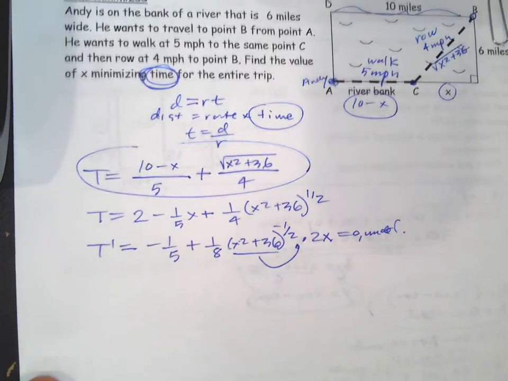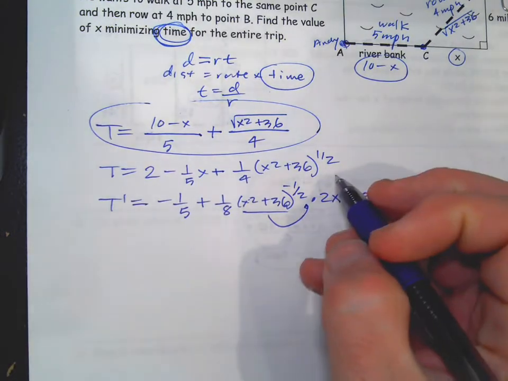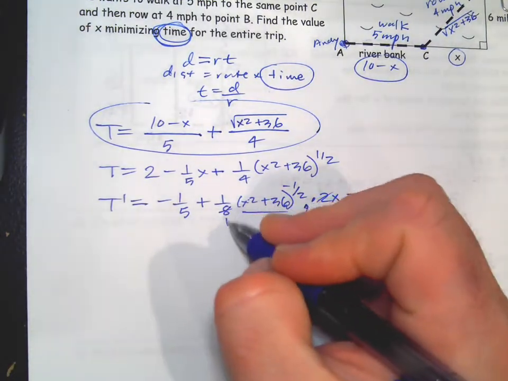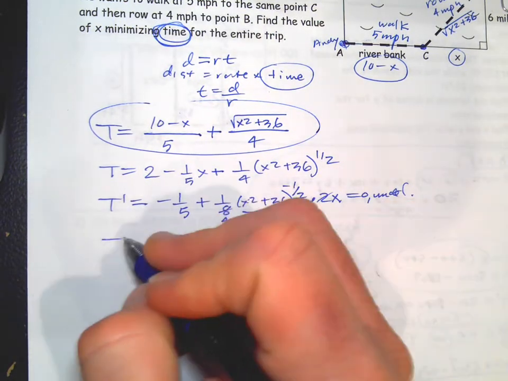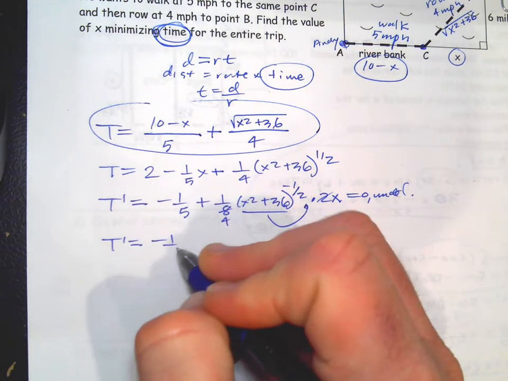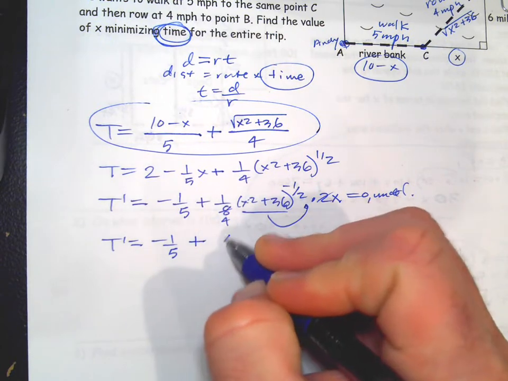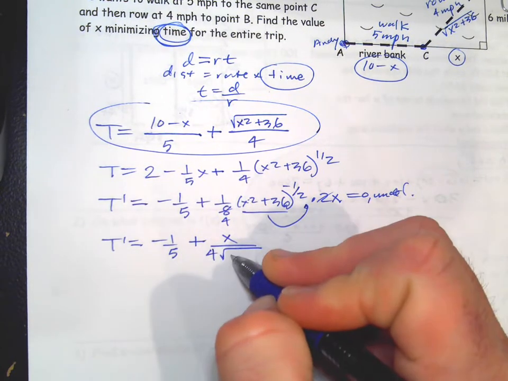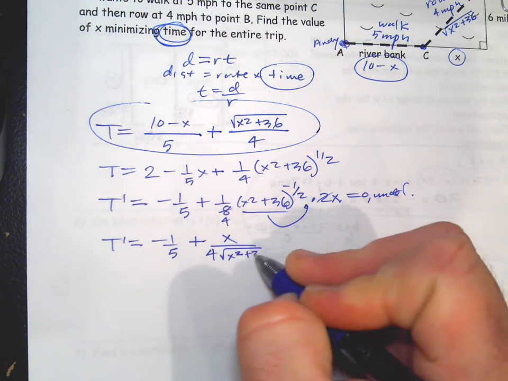So now we've got to solve it. This reduces, and this is going to end up in the denominator, so we could rewrite t prime equals negative 1/5 plus x over 4 square root of x squared plus 36.